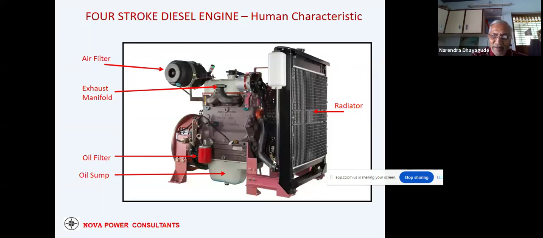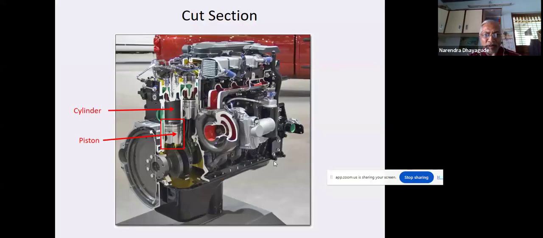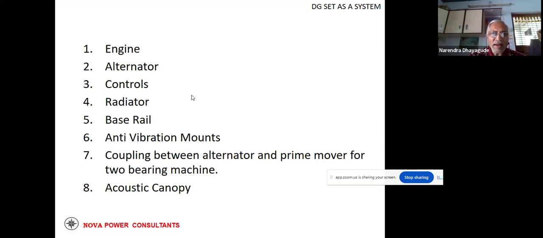This is common sense that everybody knows. This is a cut section of a diesel engine. There is a piston that moves in the cylinders. As a system, the main components of a DG set are the engine, alternator, controls, radiator, base rail, anti-vibration mounts, coupling between alternator and prime mover, and acoustic canopy.